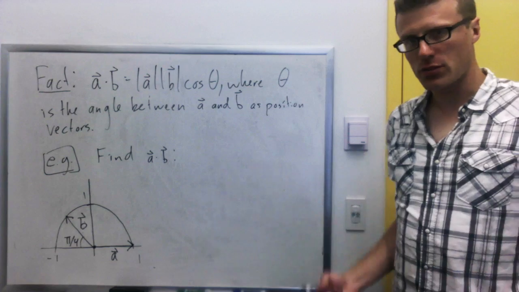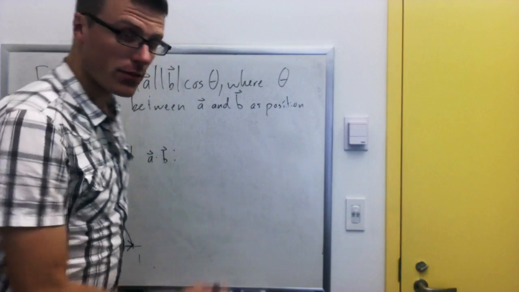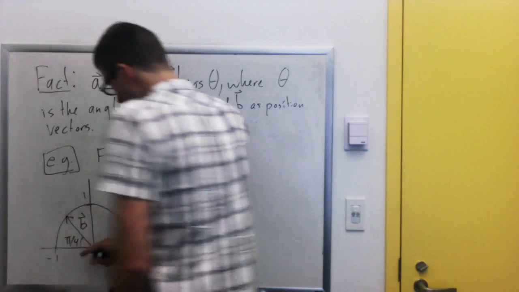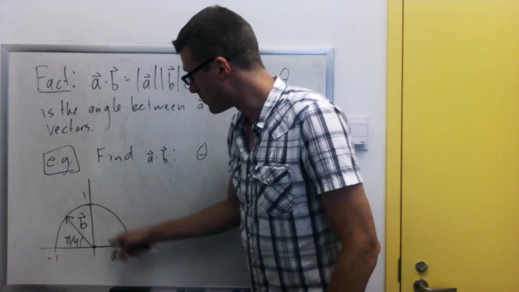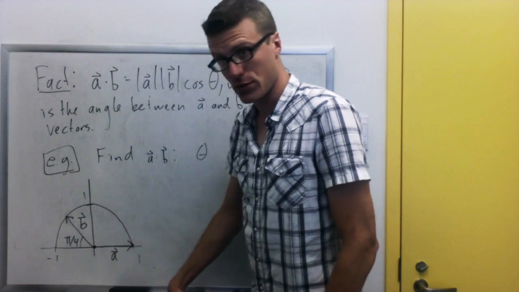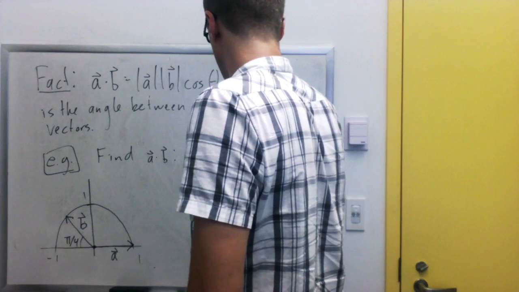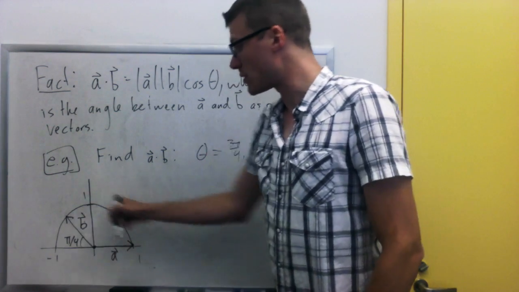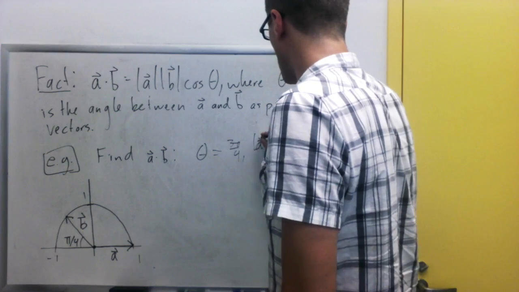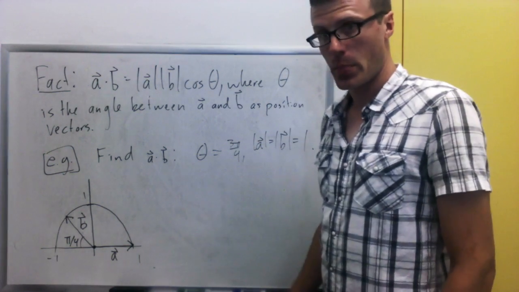So what is the angle between A and B here? Here we're going to have theta being equal to pi, which is the angle between A and the negative x-axis, minus pi over 4, so 3 pi over 4. And like I just said, this is the unit circle, so A and B both have magnitude 1.